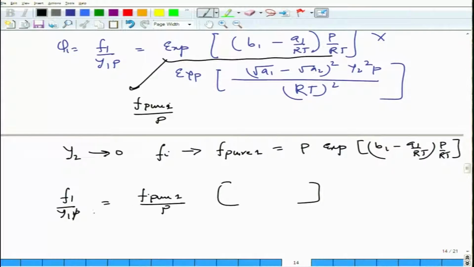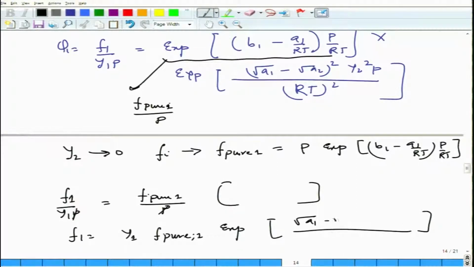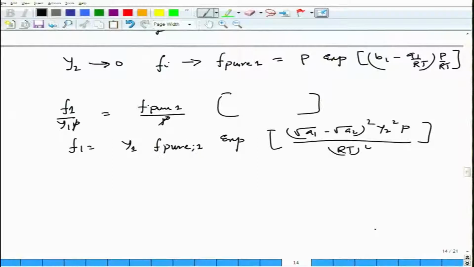So, what you have finally in this expression is f1 by y1 p equals f pure 1 by p and the second term. So, you have f1 as y1 f pure 1, and then you have this exponential term. Now, if you look at this expression, remember that this is nothing but what the fugacity rule is talking about.